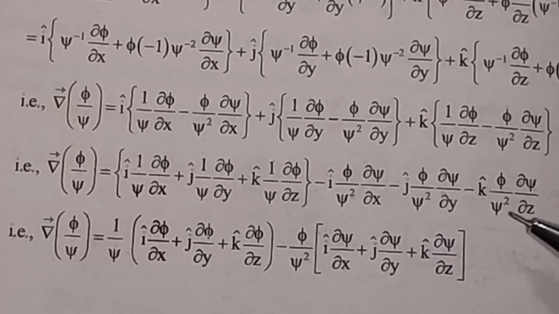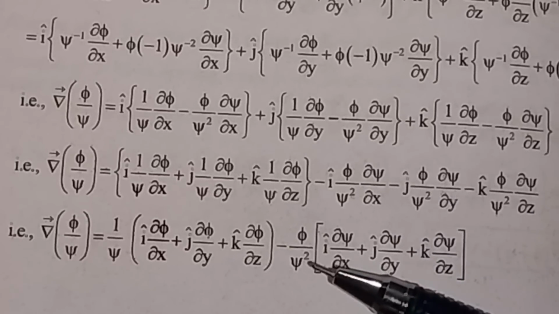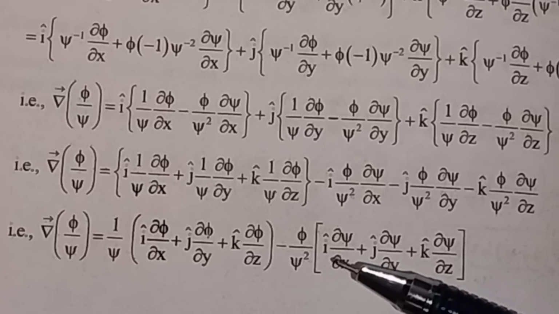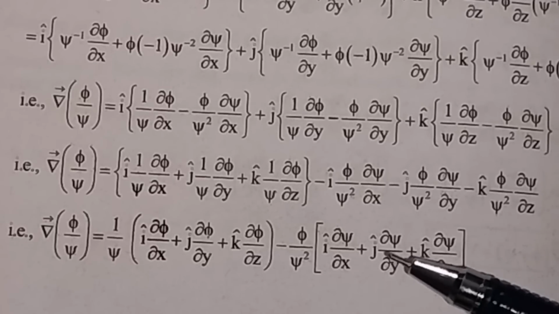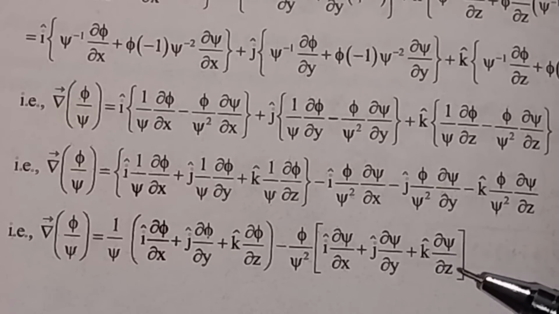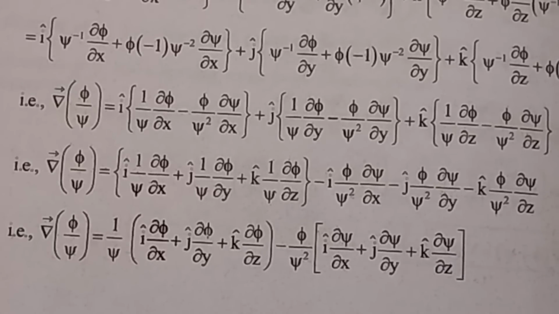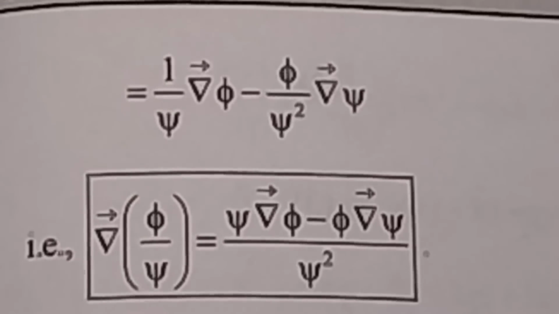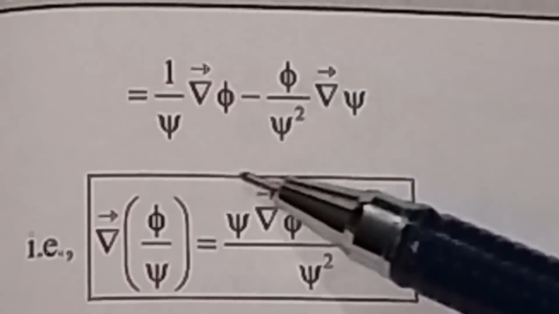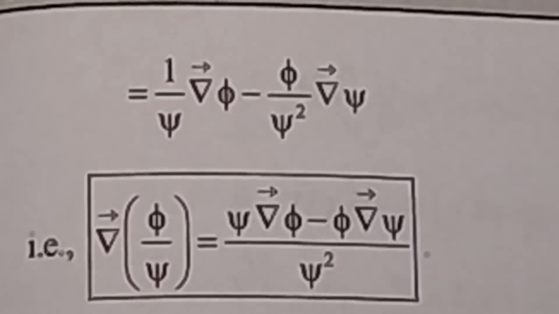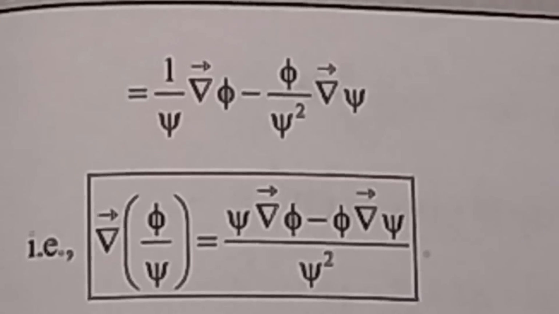Similarly, if you take phi by psi square common, in the bracket you have i cap del psi by del x plus j cap del psi by del y plus k cap del psi by del z. Now you see that this will be equal to 1 by psi times i cap del phi by del x plus j cap del phi by del y plus k cap del phi by del z.